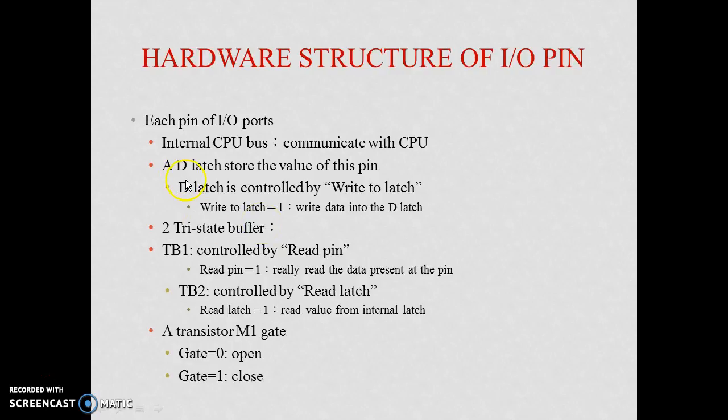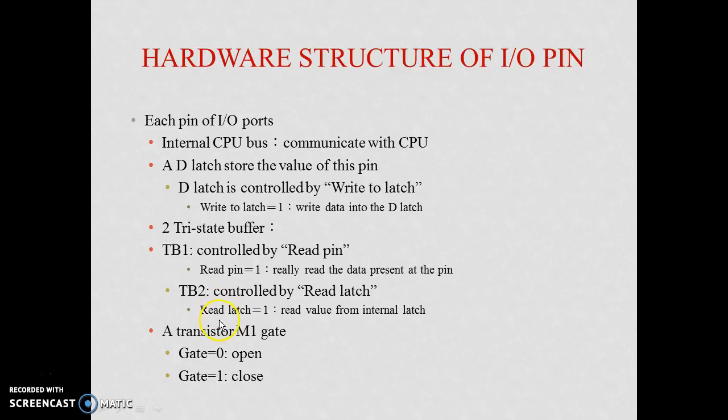The pin has a D latch. The D latch is controlled by write to latch; if it is 1, the data is written to the D latch. It also contains two tri-state buffers. Tri-state buffer 1 is controlled by read pin, and tri-state buffer 2 is controlled by read latch.